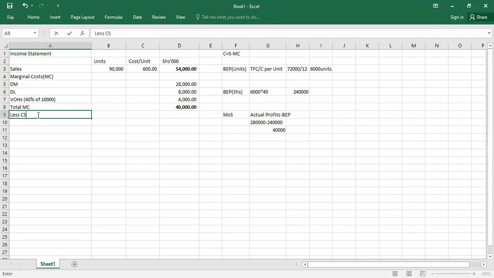What is the cost? Closing stock should be 10,000, but 10,000 is in units. I want cost, because we prepare a statement using money. 10,000 times 6, you get 6 million. But you cannot talk of the cost being 600, guys.